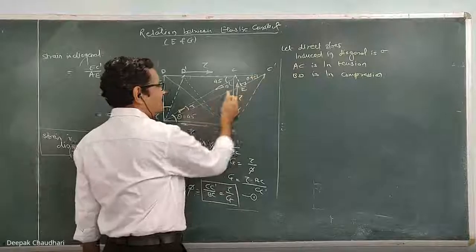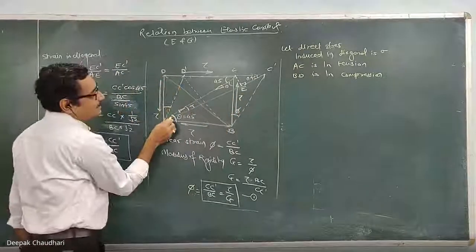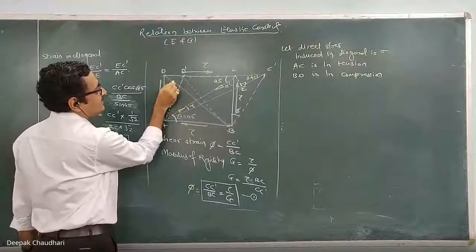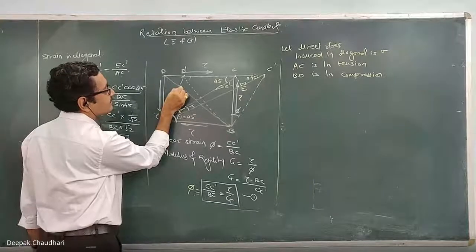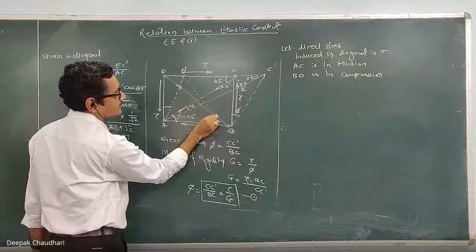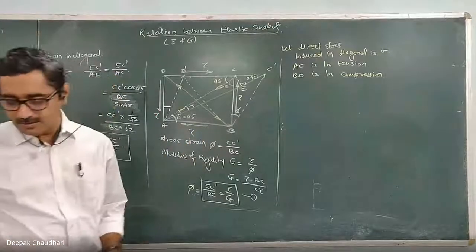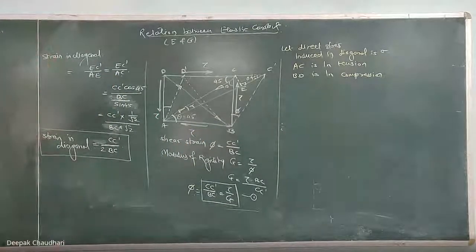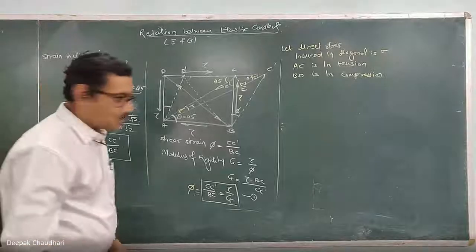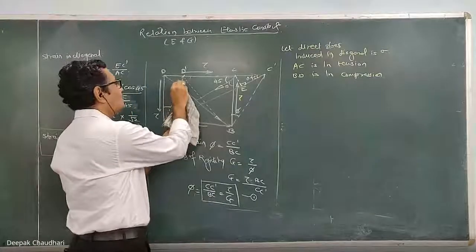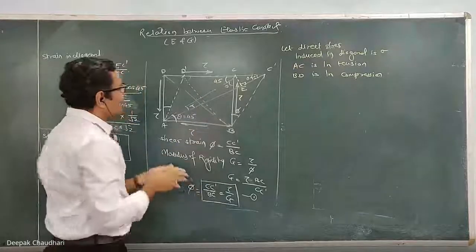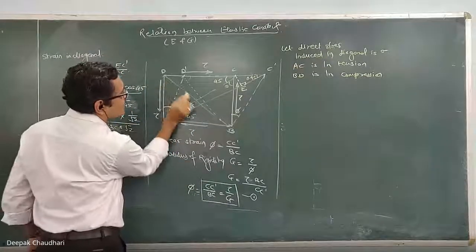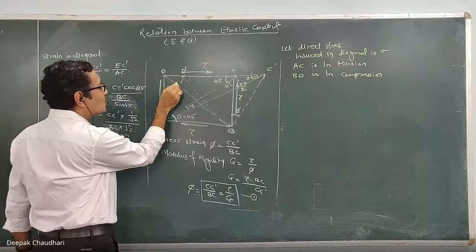This diagonal is in tension and this diagonal is in compression. Here I have shown the wrong arrow. This diagonal is in compression, so compressive force always acts towards here.